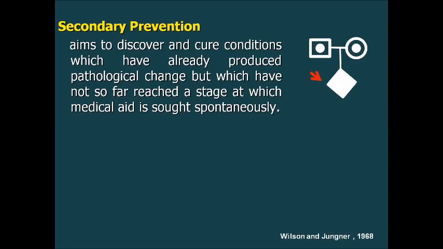In the 1960s, Wilson and Younger proposed that the idea of screening had a place in secondary prevention and primary prevention. On the right of this slide, we can appreciate that when there's an established pregnancy, secondary prevention might be most applicable, and certainly newborn screening has its place in secondary prevention.